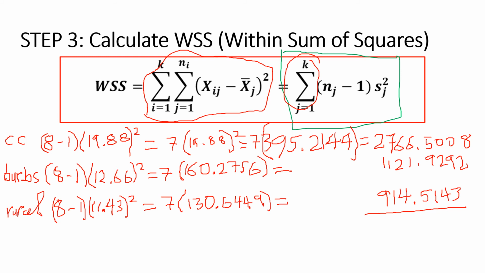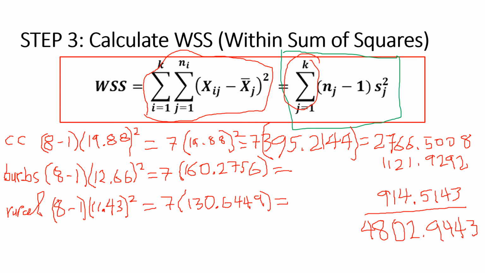So we add together 914.5143, 1121.9292, and 2766.5008, and that gives us 4,802.9443. So that's the contribution of the within sum of squares deviation.